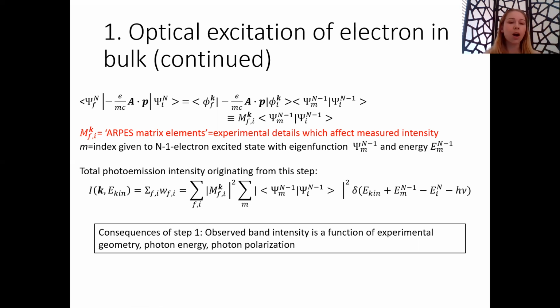So ARPES matrix element terms can be an incidental nuisance, or they can be used as a way to control the data quality. But what I really want you to get from this slide is that there are some experimental details which affect the measured intensity, and this comes in the first step of the photoemission process.